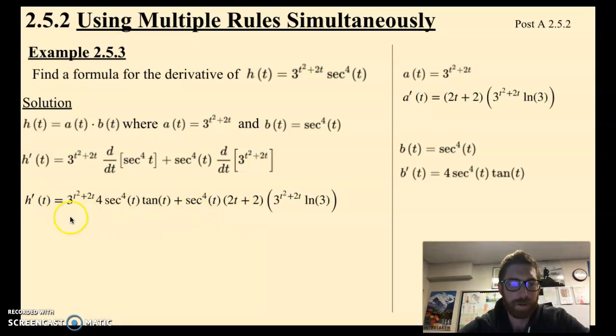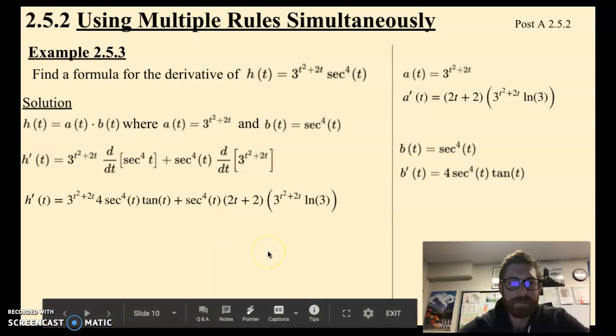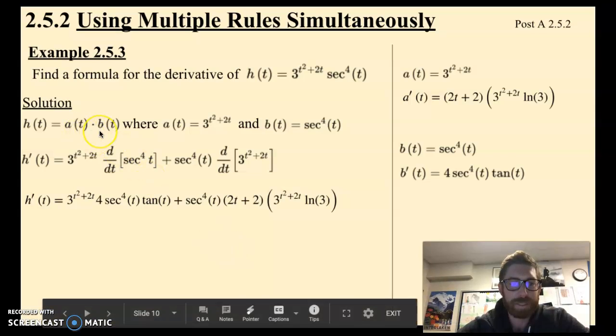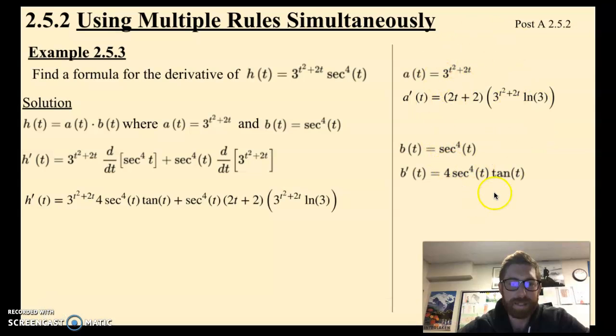You wouldn't want to go on a date with this answer for sure. But it is the answer. So bottom line, when you're doing this, it makes a lot of sense to organize it and break it up into smaller functions, and then to keep track of that on the side so that when you go to plug it in, it's already done for you.